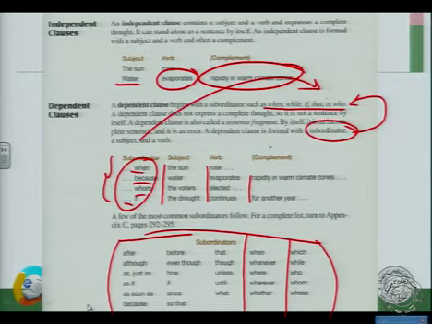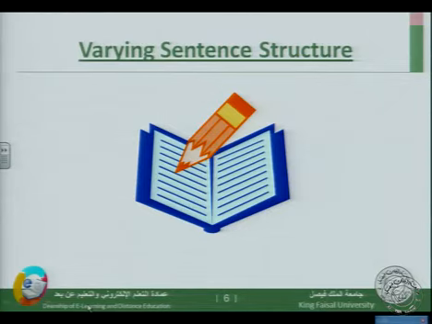You have met them in different courses. So it's better to understand the use of these subordinators and the difference between independent clause and dependent clause. Let us now start, after we have discussed the clauses.